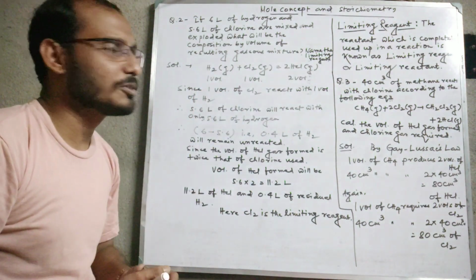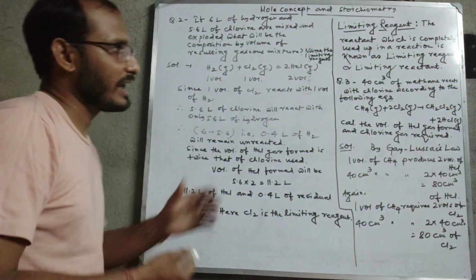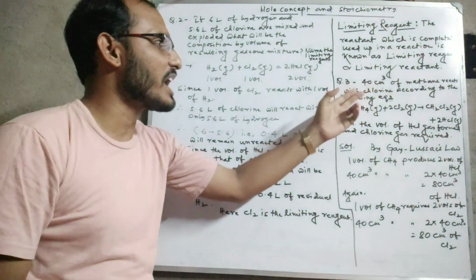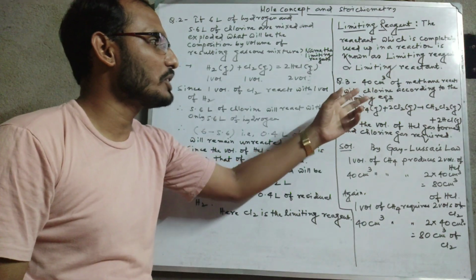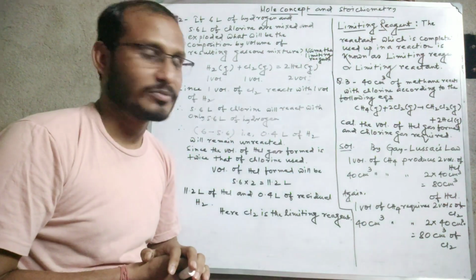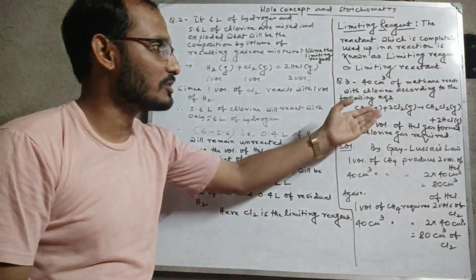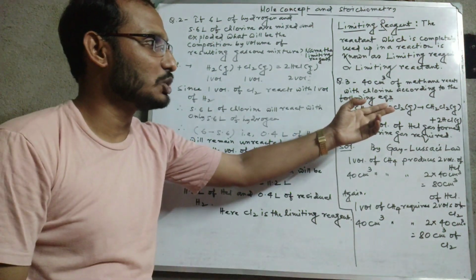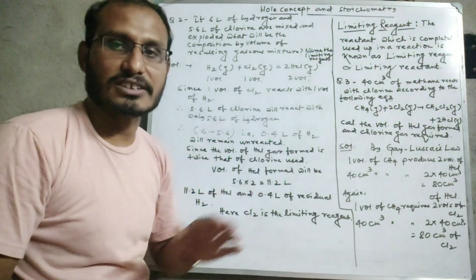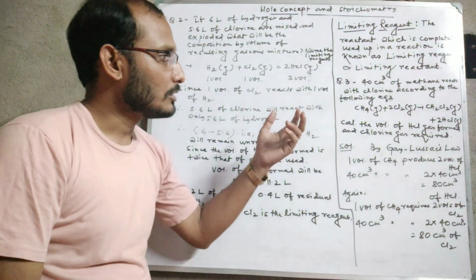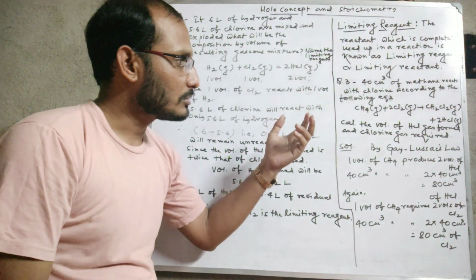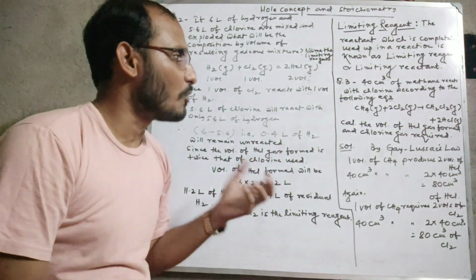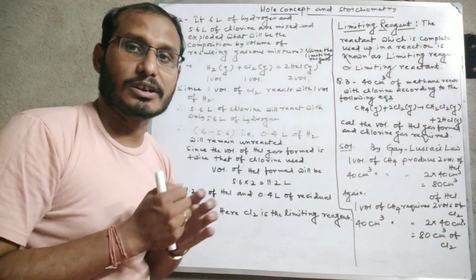We are taking the third problem: 40 centimeter cube of methane reacts with chlorine according to the following reaction, CH4 gas plus 2Cl2 gas forming CH2Cl2 gas plus 2HCl. The question is to calculate the volume of HCl gas formed and chlorine gas required.